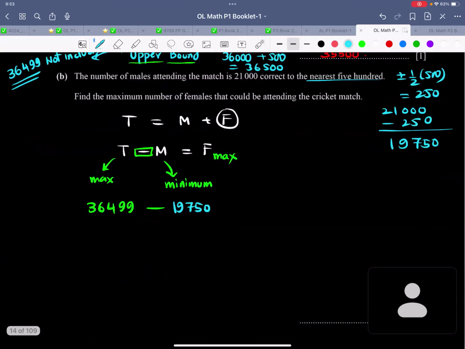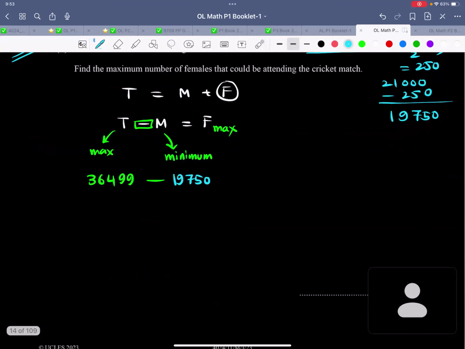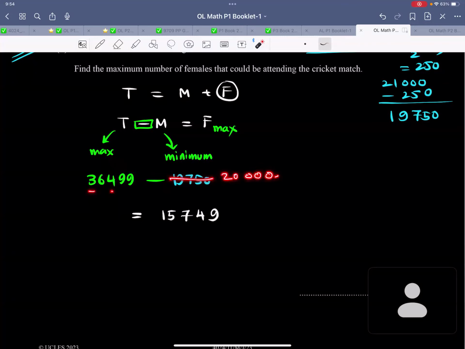So now when we do the subtraction, this answer comes out to be 15,749, because let's say this is 500. So 36,500 minus 19,750. First of all, let's think of it as 20,000. 20,000 to 36,500 is 16,500, but then we have to subtract 250 more.